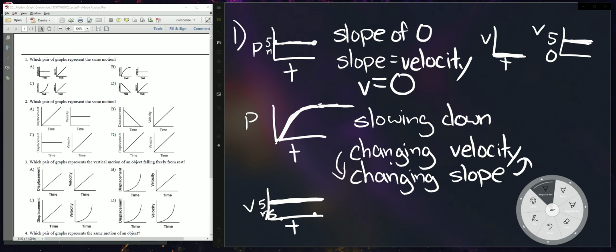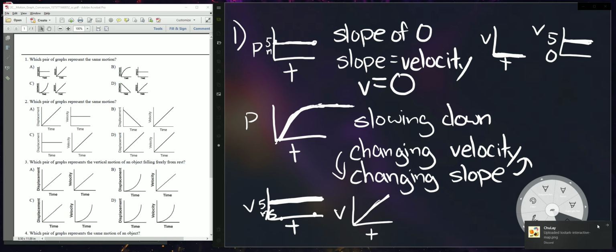But that can't be true. We have a changing velocity, we have a changing slope. So there's no way this is possible. A better representation would be this. You have a changing velocity, and you have an acceleration. Alright, deal with that later.